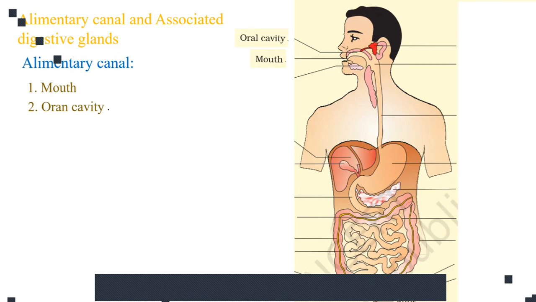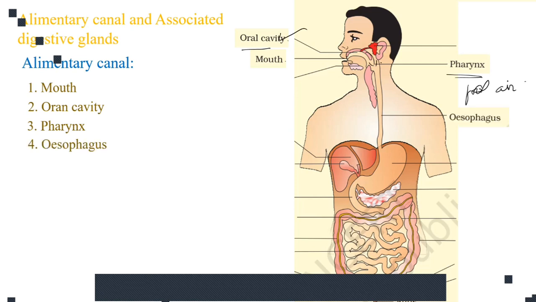The mouth opens into a cavity called the oral cavity. Next to this, the oral cavity opens into one more small passage called the pharynx. It is a common passage for food and air. Next, the esophagus.